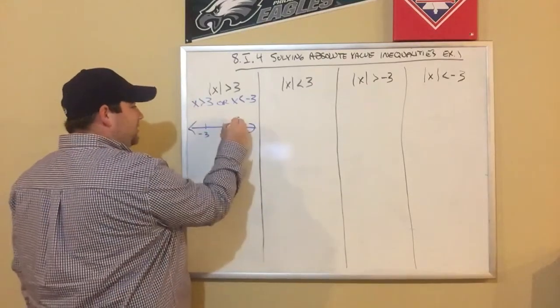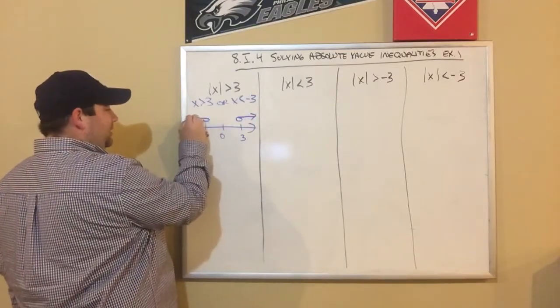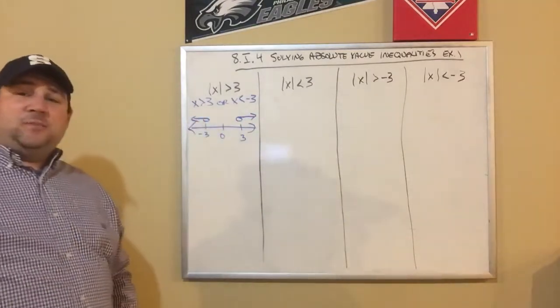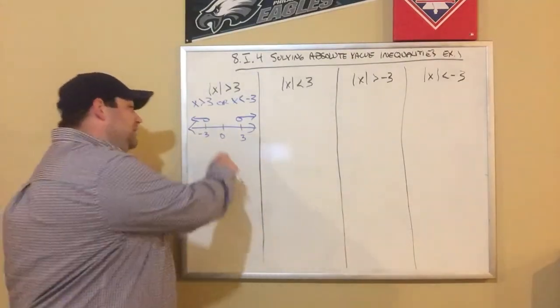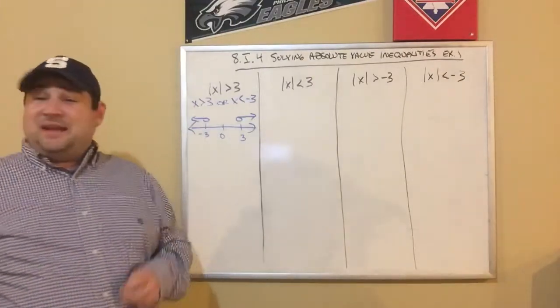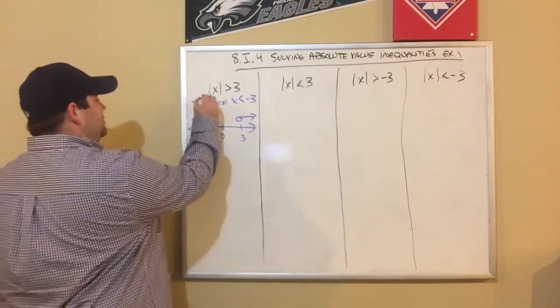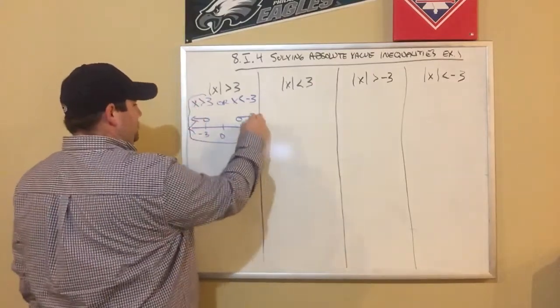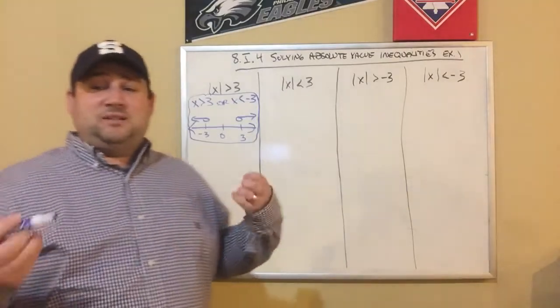So x is greater than 3 is going to look like that. X is less than negative 3 is going to look like that. So basically it's saying our answer is all numbers except for the numbers in between negative 3 and 3. Anything else will work, but anything between negative 3 and 3 will not work. So this is our answer.